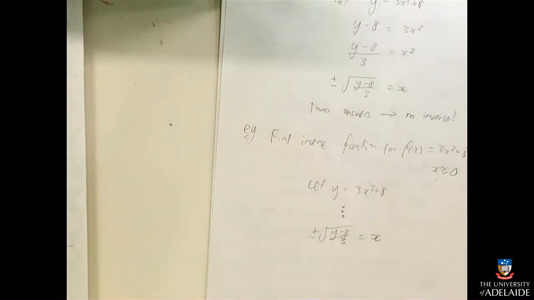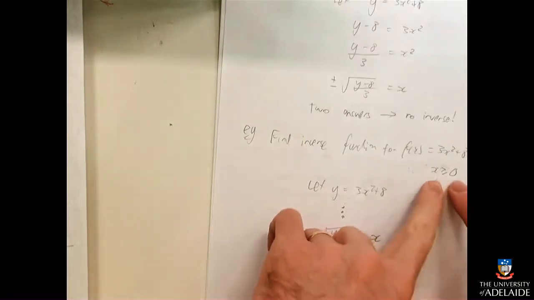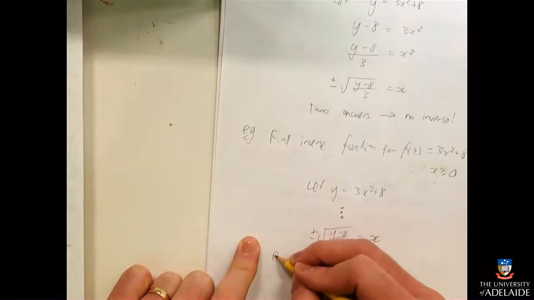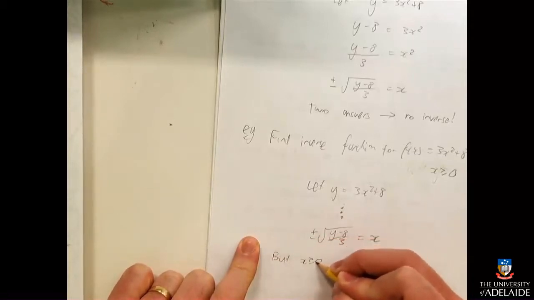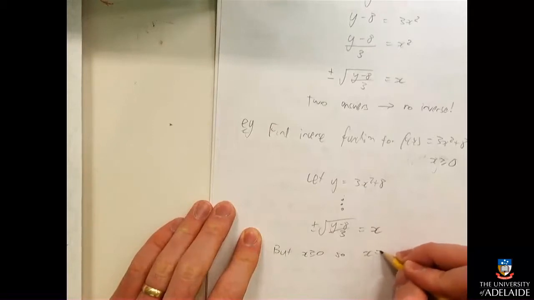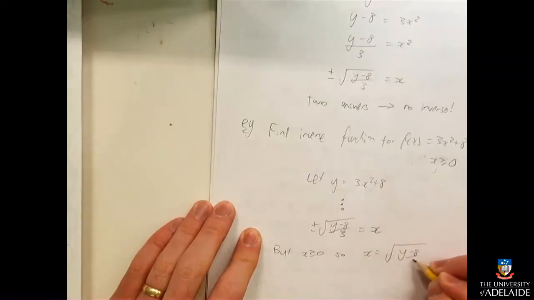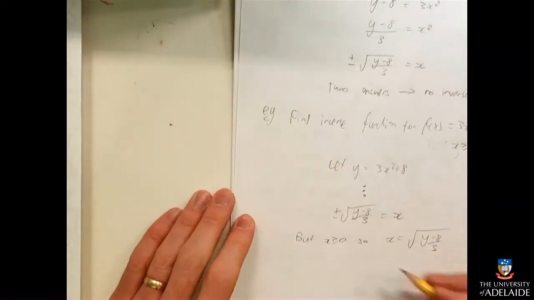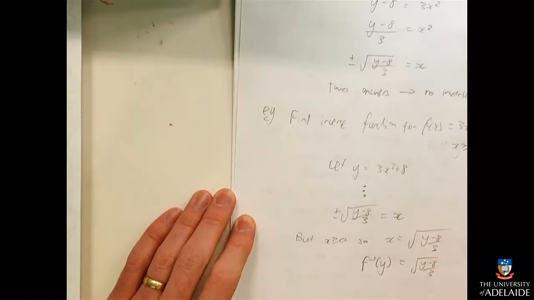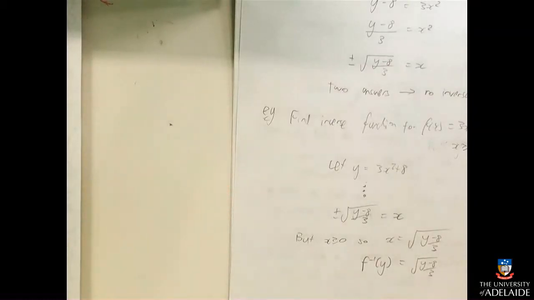We have the same problem though, but we were told that x had to be greater than or equal to 0, and so we can ignore the minus 1. So that means that when I do the function backwards starting at y, then the answer is this. That's basically what that means.